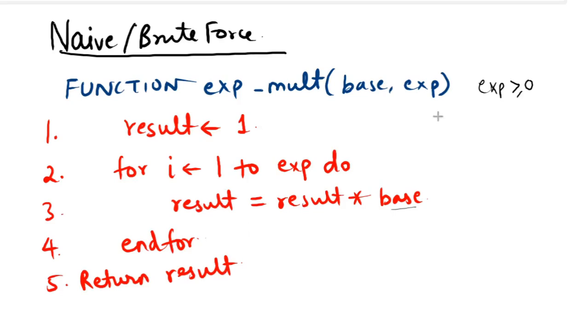Let us try to figure out the time complexity for the method. This will take order of 1 time, and the loop is executed for the exponent time, which in the worst case will be performed exponent times, and the return statement will be executed for order of 1 time.